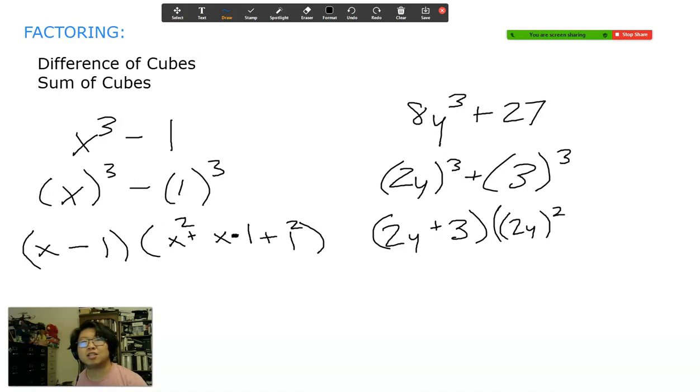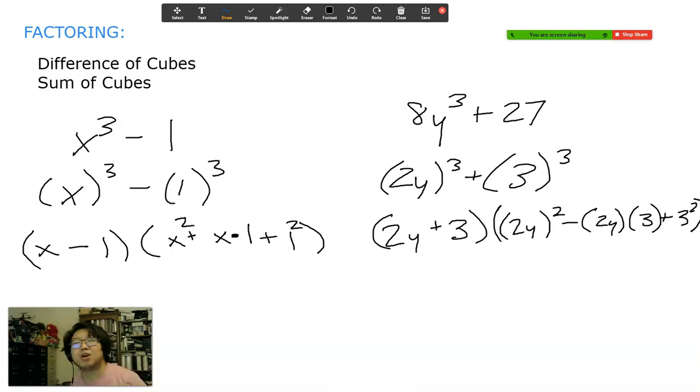Then here's where it gets a little different if you're just talking about sum. In sum of cubes, you have to alternate: minus in the middle, and then plus at the end. But we'll get to that in a second. So this middle term will be 2y times 3. Okay. And then I'm running a little bit out of space, but you have 3 squared. Parentheses. It's a little cut off, but I think you guys get the point.